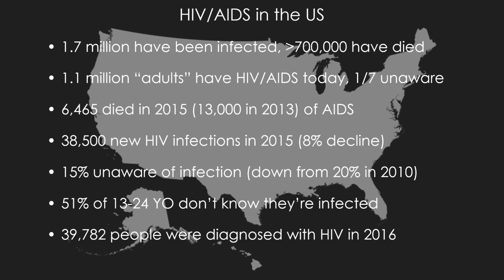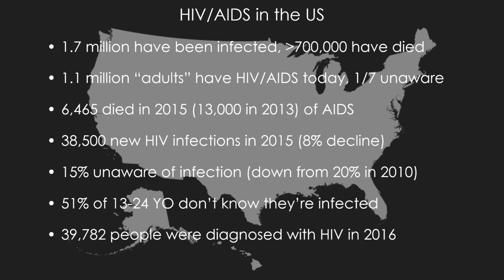As I mentioned, the percentage of people who are unaware of their infection has gone down significantly in the last decade. So these are all hopeful statistics that tell us that the work that we're doing to combat HIV and AIDS, not only throughout the world, but in the United States, is working, it's helpful.